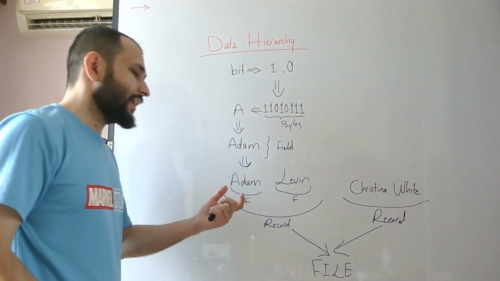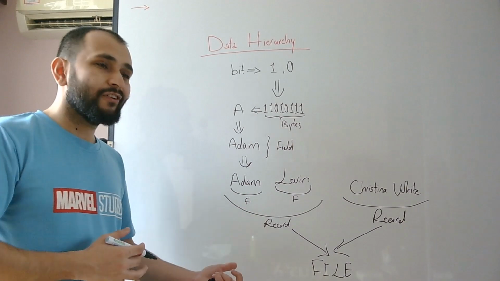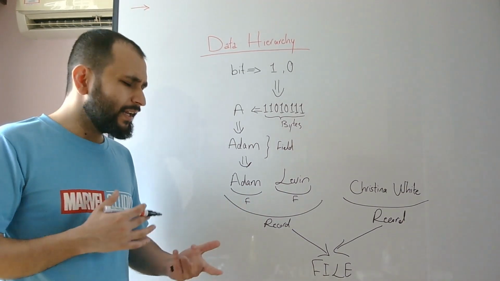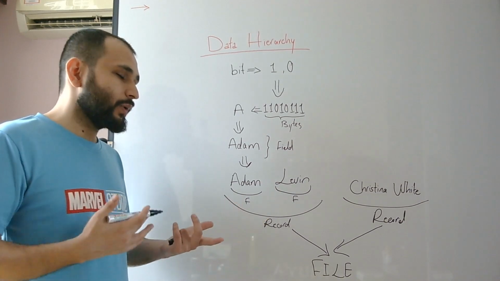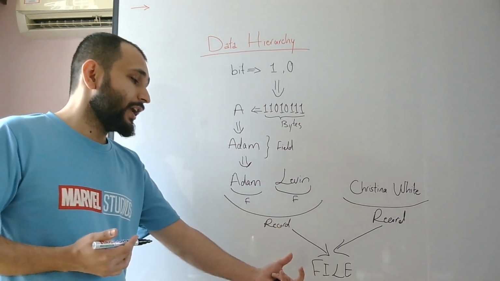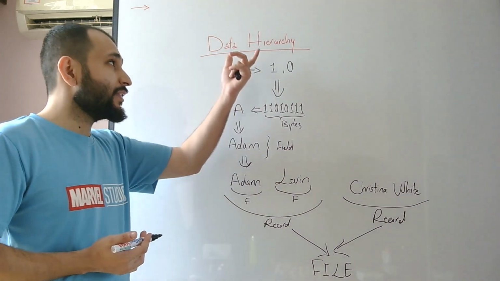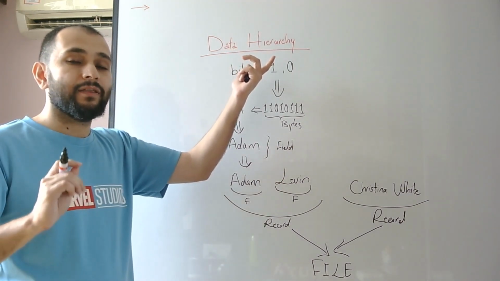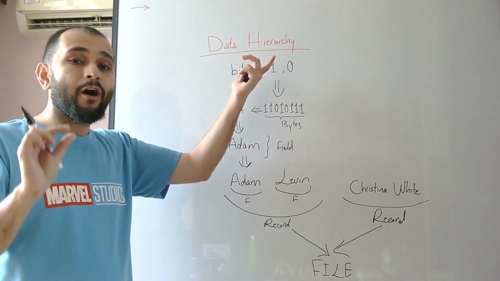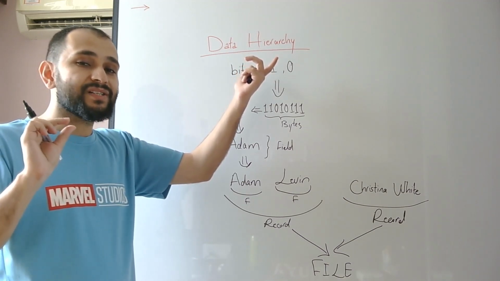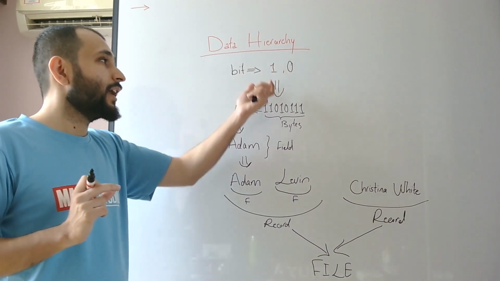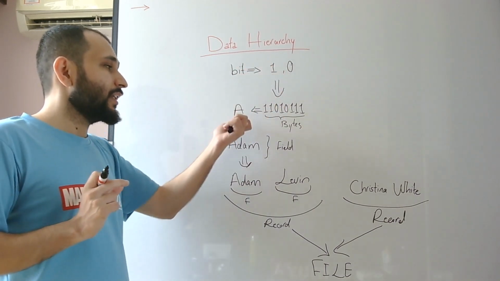Usually we can have these files as spreadsheets, Word files, Notepad files, any types of files that you can imagine. This is the data hierarchy of how a computer takes the simplest form of data, the simplest form of information that we can convey, that is 0 and 1, and then combines them together.